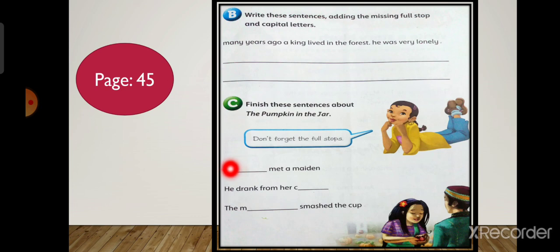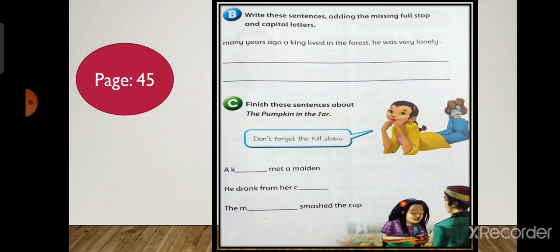Now, this is sentence number 2. He drank from her cup. You will complete the spellings of cup here and end the sentence with a full stop. Sentence number 3 is the maiden smashed the cup. The maiden smashed the cup.